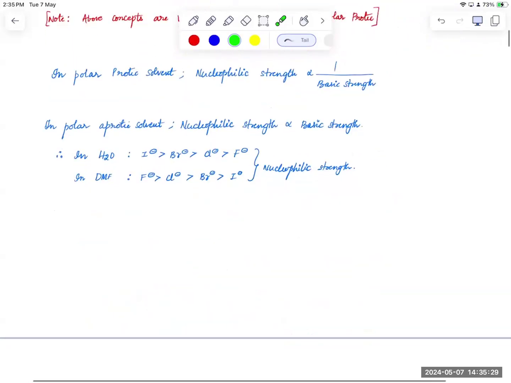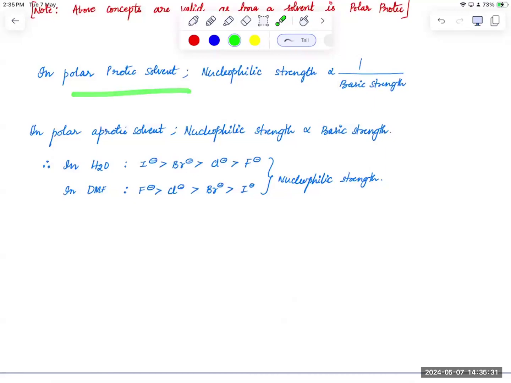Now, if the solvent is polar aprotic, then the nucleophilic strength will be directly proportional to basic strength. So I minus, which is already a weaker base, will now be a very weak nucleophile in DMF.